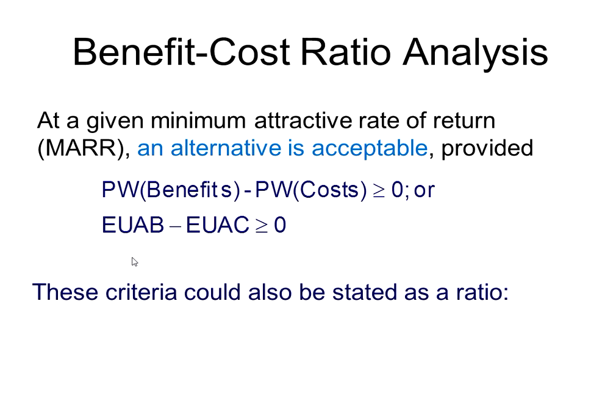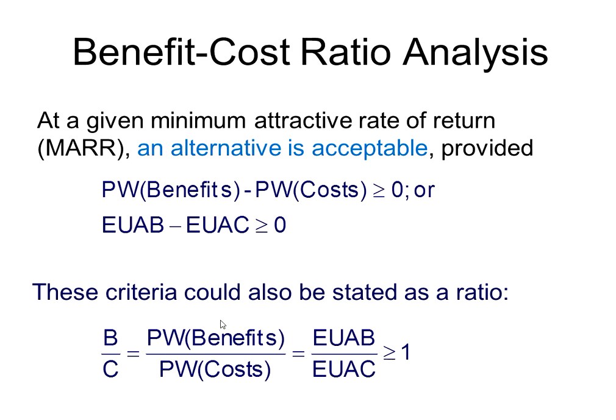These criteria could also be stated as a ratio because we can move things around. For example, we can move the costs to this side, and then they're with a positive sign, and we can do the same here. Then we divide both sides by the respective cost: here is the present worth of cost, and here is the equivalent uniform annual cost.